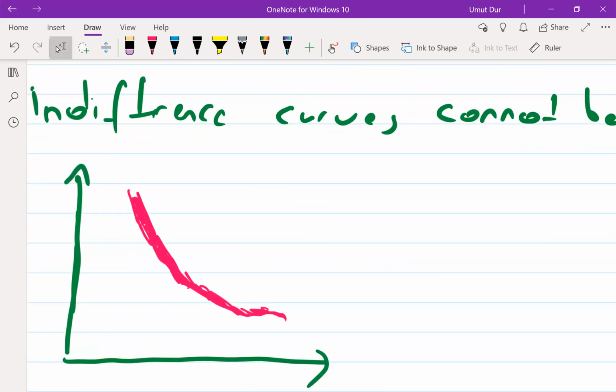Let's say this is a point on the indifference curve, x1, and this is another point on the indifference curve, x2.